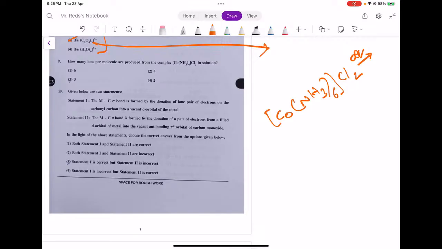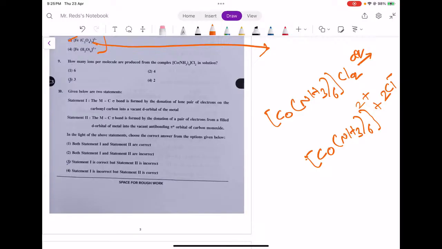dissociates into one complex ion, [Co(NH3)6] 2 plus, and 2 Cl minus, 2 chloride ions.